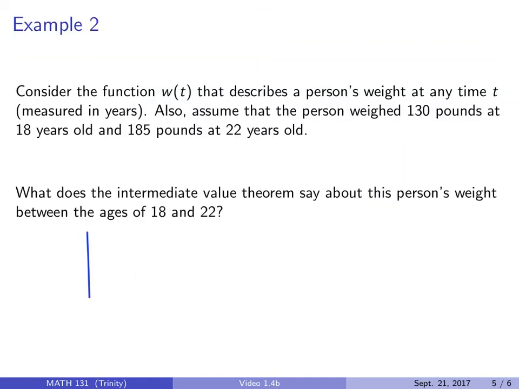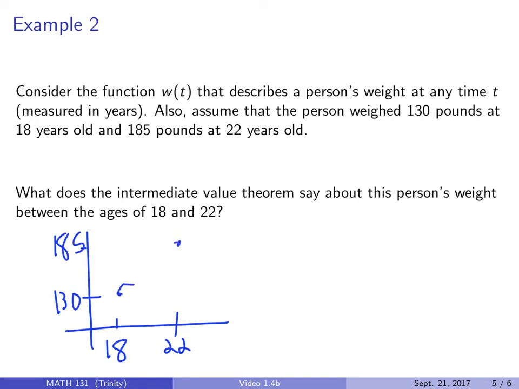Let's again look at the weight function with the added condition this time that at 18 years old this person weighed 130 pounds, and at 22 years old they weighed 185 pounds. So my function goes something like this in a continuous manner from 18 to 22.